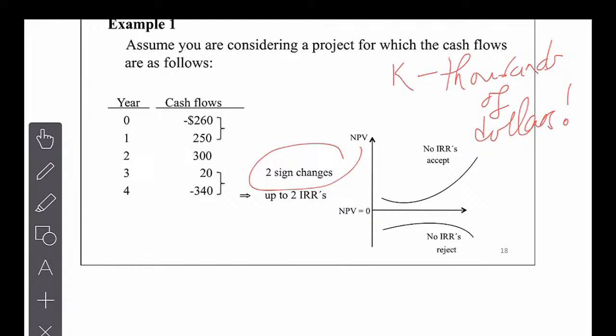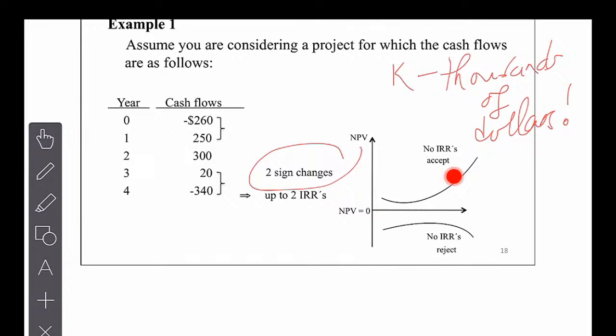Even for the case where NPV was going up, it might not have crossed. So imagine a curve that always stayed above NPV 0.